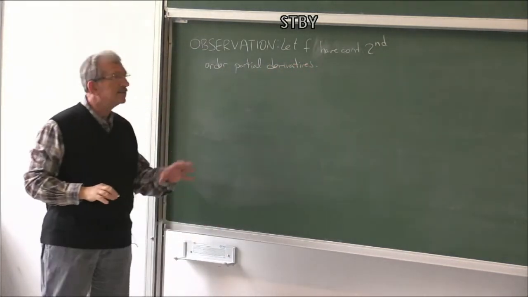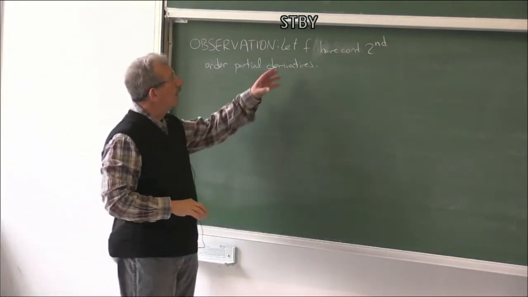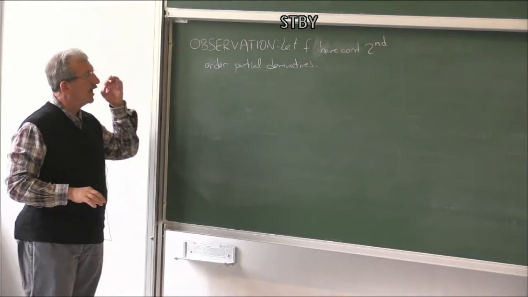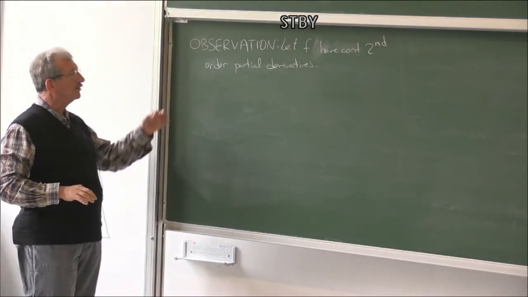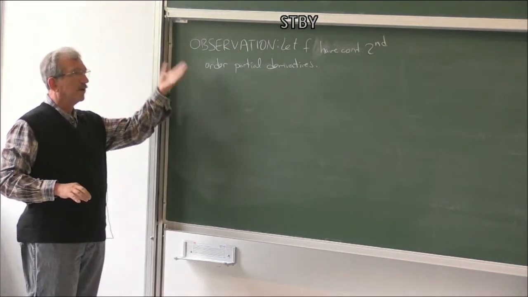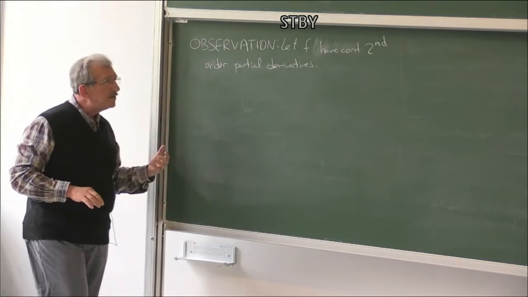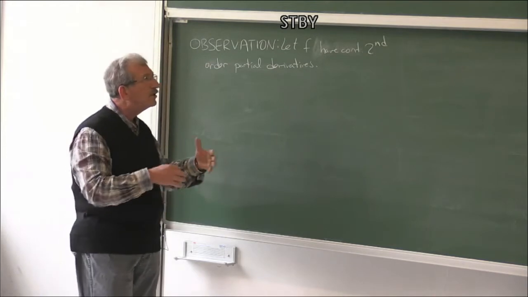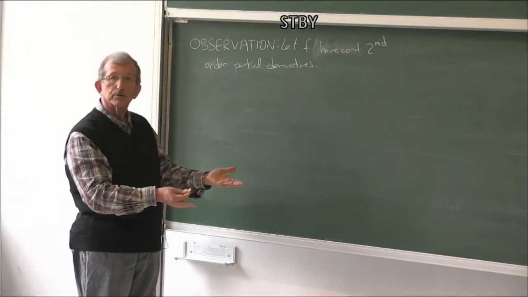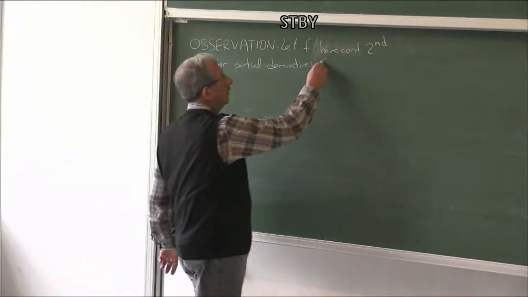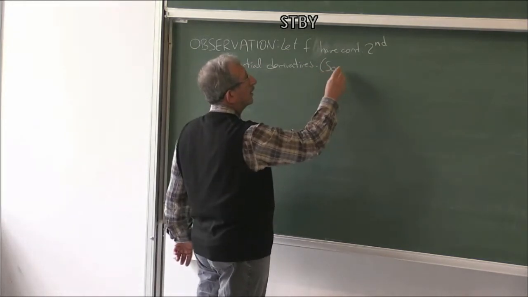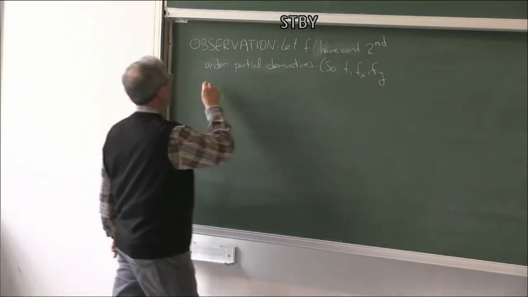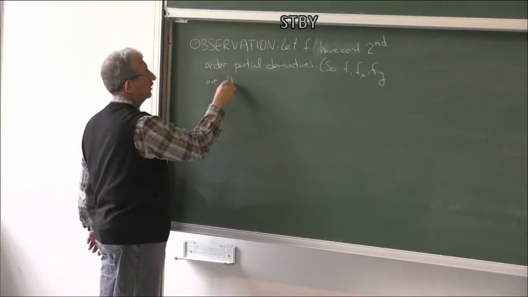Now this says that, first of all, f has a differential because its partial derivatives are continuous, but even the partial derivatives are differentiable because their derivatives are also continuous. So f sub x, f sub y are all differentiable.